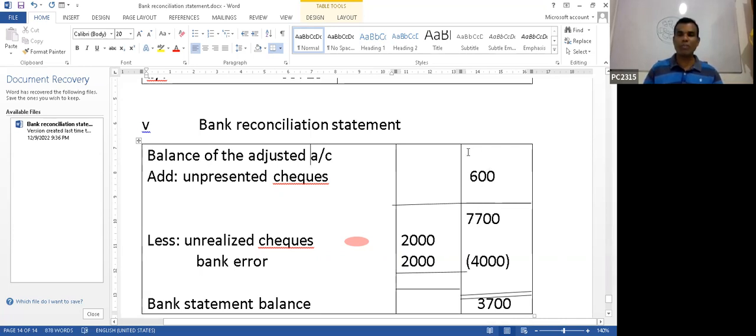So here it should be 7,100. Look at that. 7,100 plus 600 equals 7,700. So the adjusted balance is 7,100.